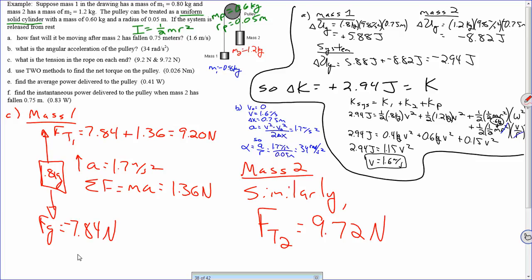Similar to if you push 2 boxes with X amount of force, some of that force goes to moving the first box and some of it goes to moving the second box, right? So the difference between the two is the net force on the wheel that produces the torque. Cool? All right, is everybody good with C?